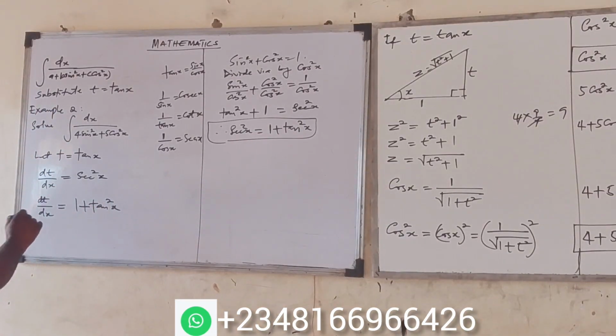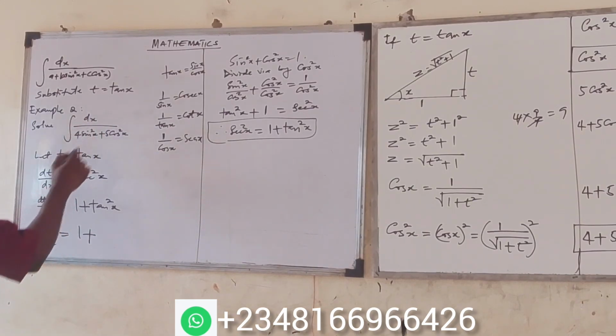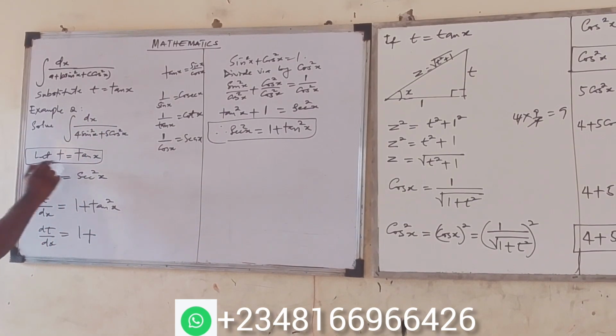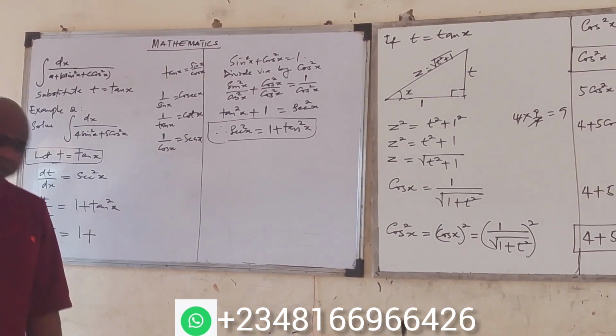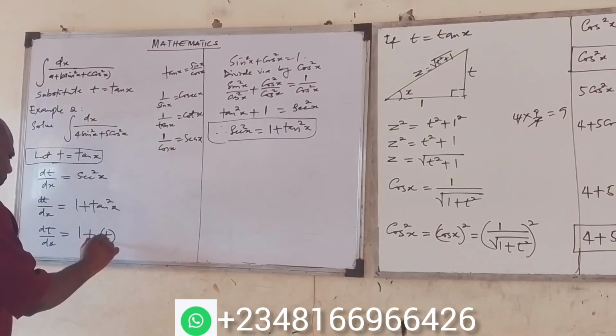So now, dt over dx will be equal to 1 plus. Remember, we said let t be equal to tan x. So if t is equal to tan x, tan squared x will be t squared.